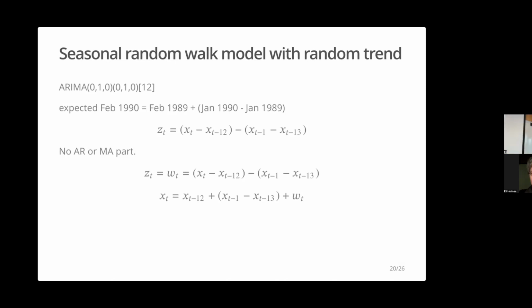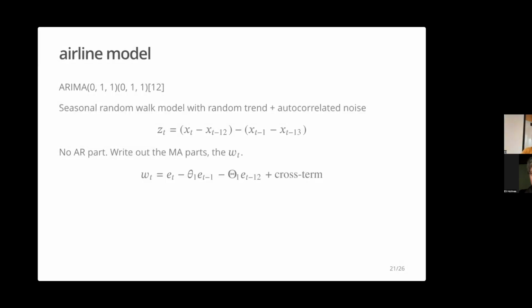This is one where we have a seasonal difference and a monthly difference. So it looks like this. These are the seasonal difference this time step, the seasonal difference the previous time step, and then we take the difference of those. We're modeling that thing. This is a really classic model, and in fact, it has a name.